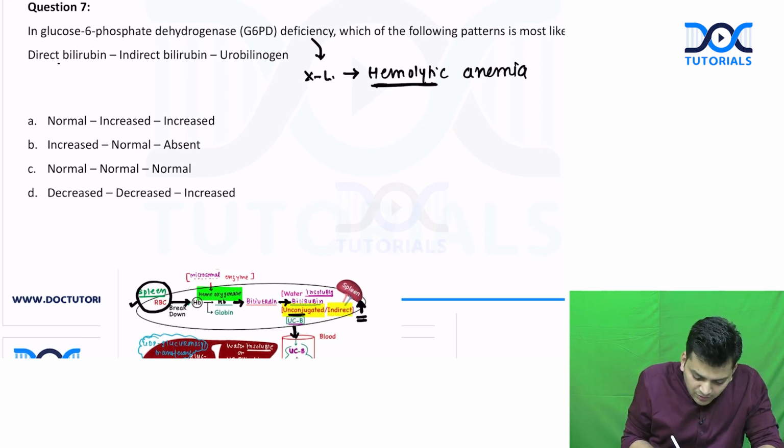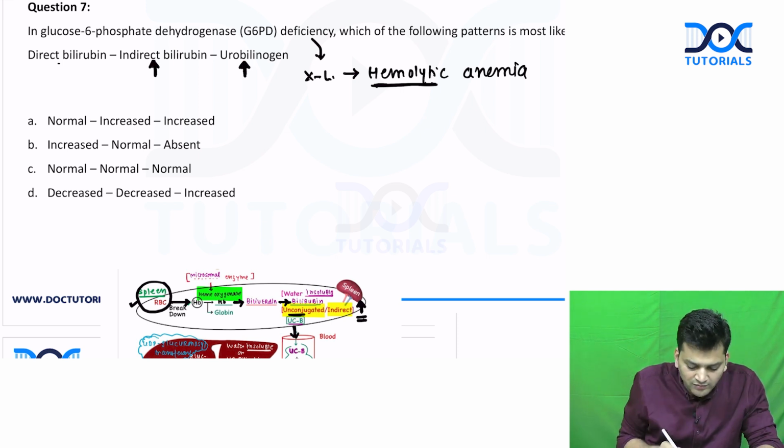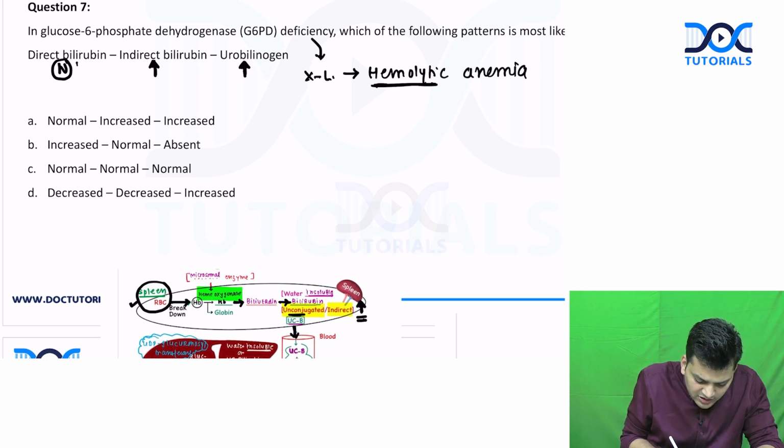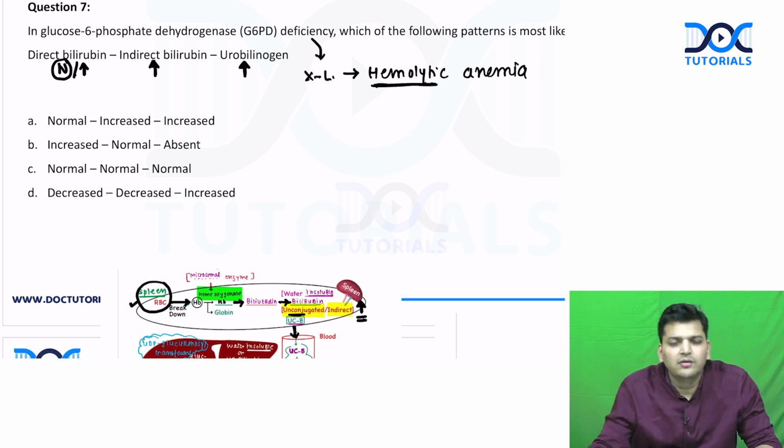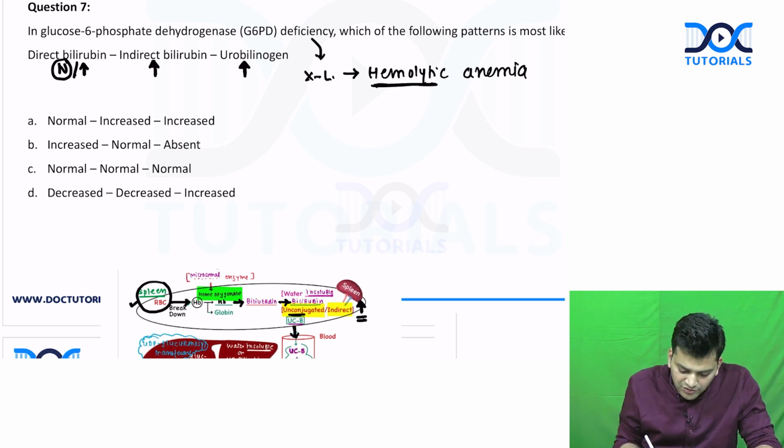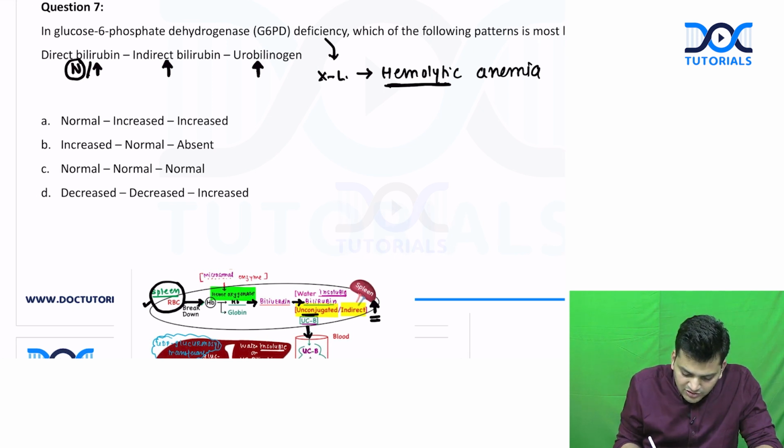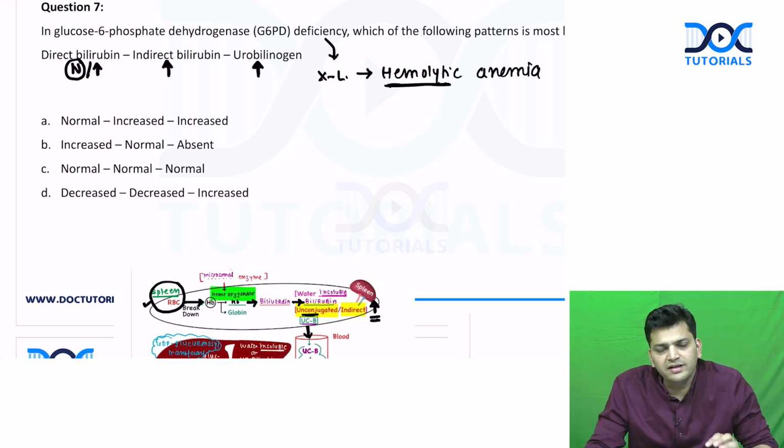The direct bilirubin, the indirect bilirubin, and the urobilinogen. Definitely urobilinogen will be more. The unconjugated bilirubin will be more. The direct bilirubin will be normal or slightly more. Now, if you see the options, the classical finding is an increased amount of urobilinogen and an increased amount of indirect bilirubin.